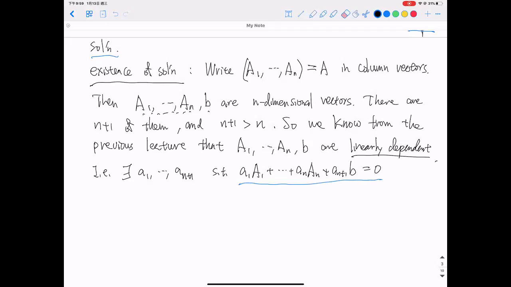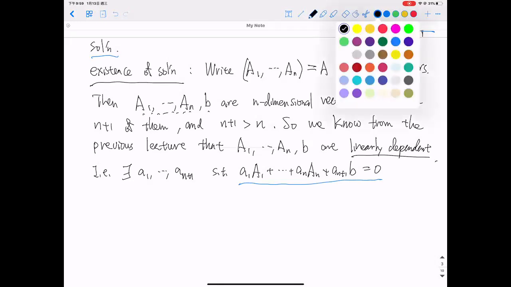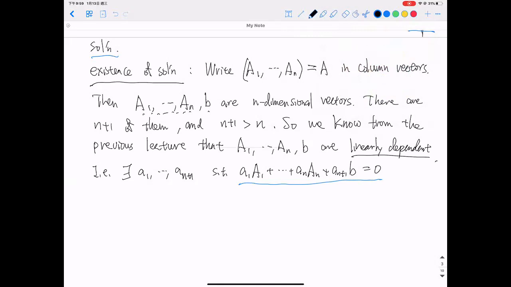Now, make the following observation: the number a(n+1) is not 0.